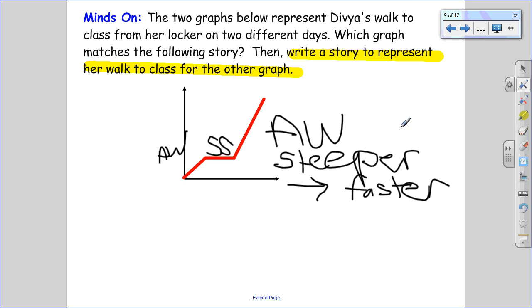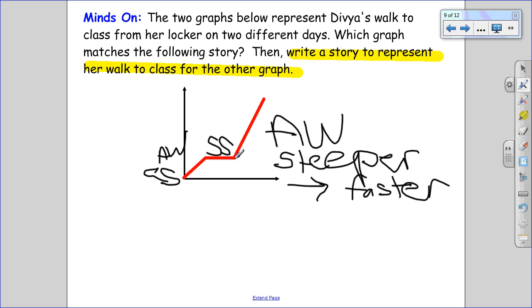So I could say something along the lines of, Divya started walking to class at a constant speed and stopped to chat with Shrishti for a while.